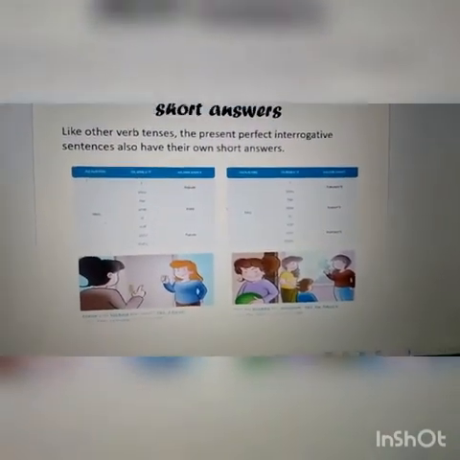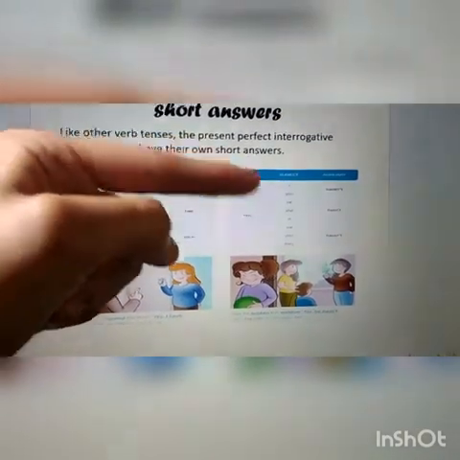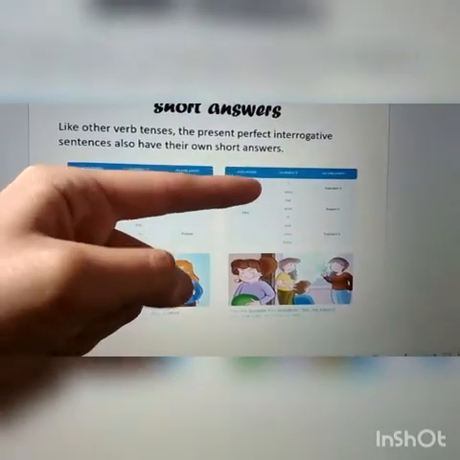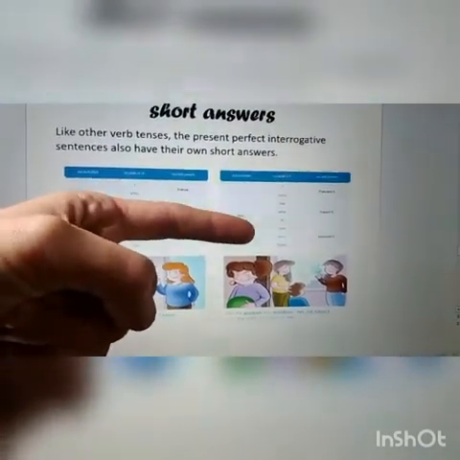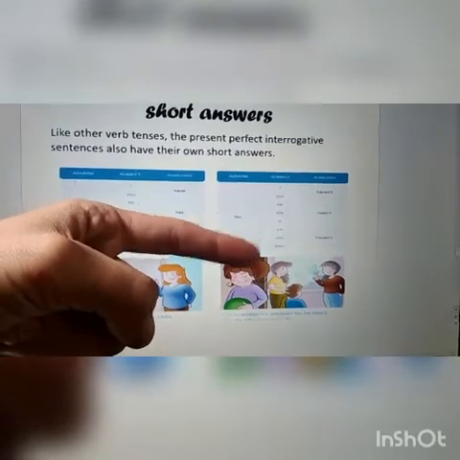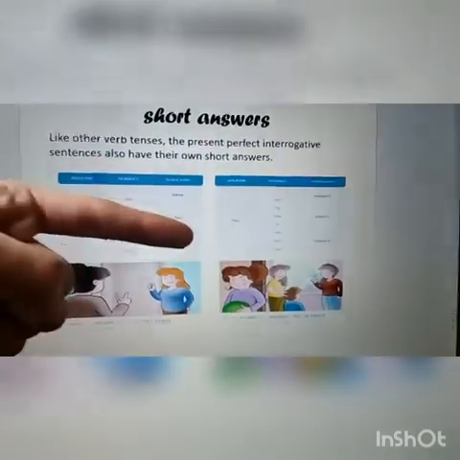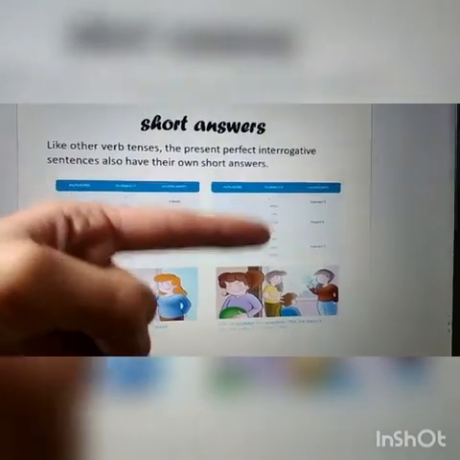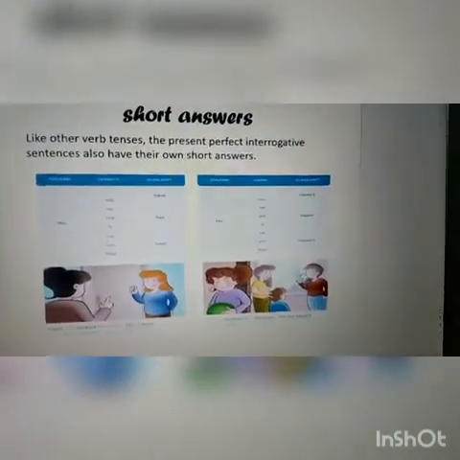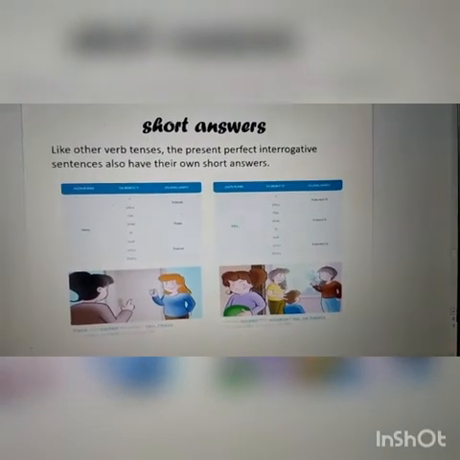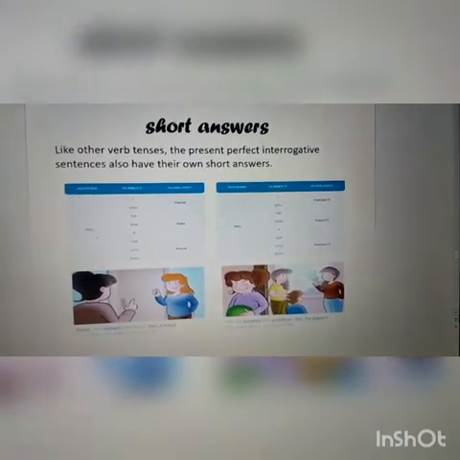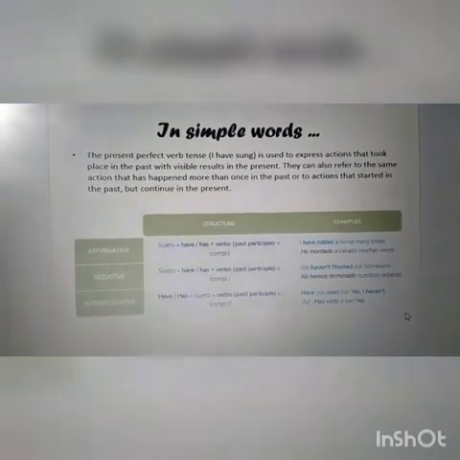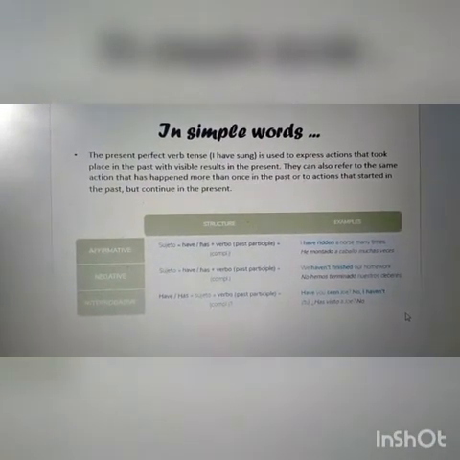Yes, I have. And short answers in negative: adverb is no, subject I, you, we, you, they, with auxiliary haven't, and he, she, and it, with auxiliary hasn't. Example, has he broken the window? No, he hasn't.